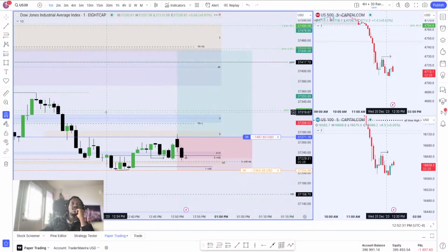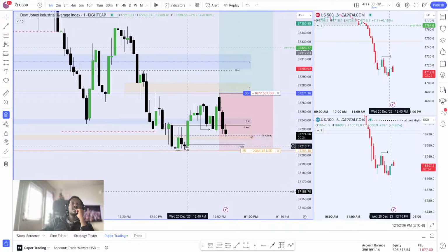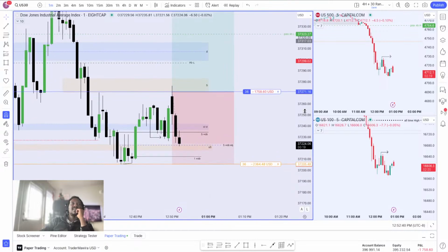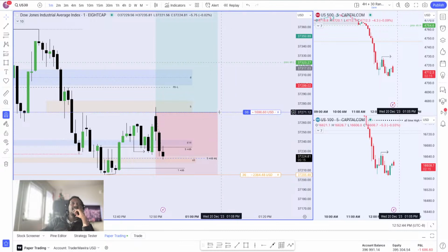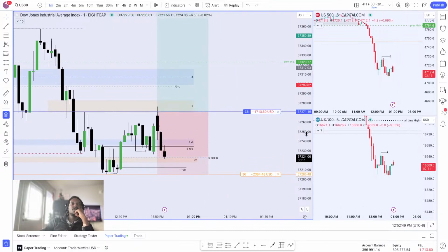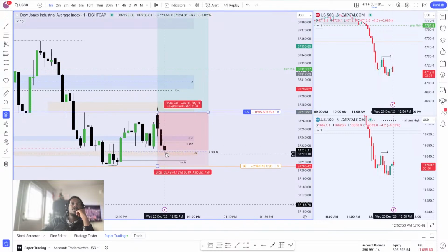Again, remember how we have these equal lows over here. In the meantime, let's see if our lines of defense can hold us. In the meantime, we are in danger. This is more than 50% drawdown. Actually, this is now 75% of drawdown.